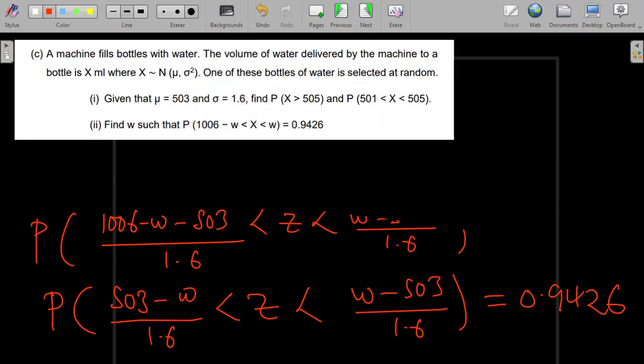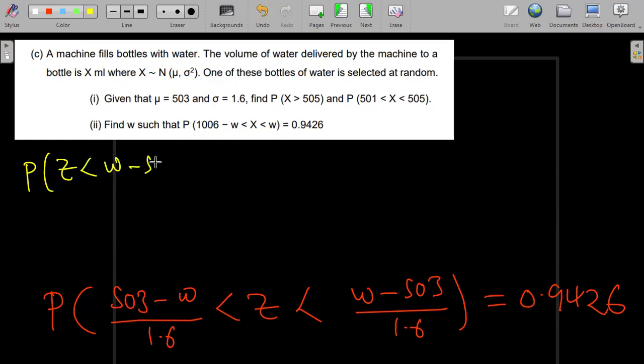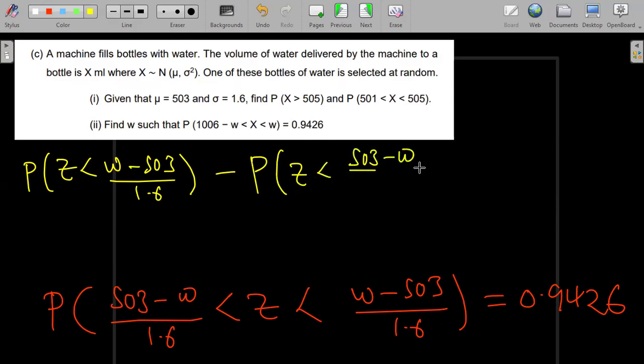So this is what we have. We can play around with the complement rule and the symmetric rule. This simply means the probability of Z being less than this upper value minus the probability of Z being less than this lower value.